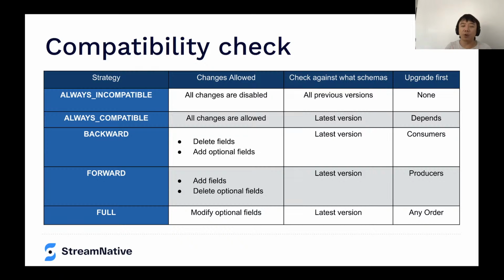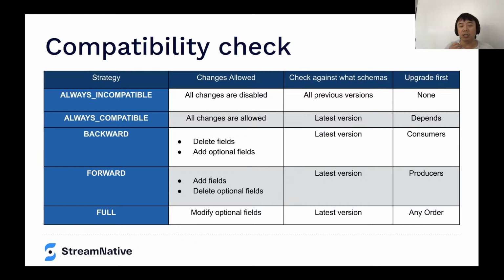This is because newer data can have new fields in a schema, and the old schema would be able to deserialize the data serialized by the newer schema. That is forward. And full is basically the combination: I can use any schema to deserialize any messages serialized by any schema. So this is called full compatibility.